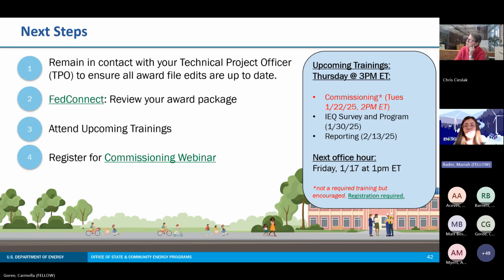That's going to be held next Tuesday, January 22nd at 2 p.m. Eastern Standard Time. And just a reminder that the commissioning webinar is not a required training, but we are encouraging it. You can find the link to the registration here, or maybe one of my colleagues can link it if they have it handy.